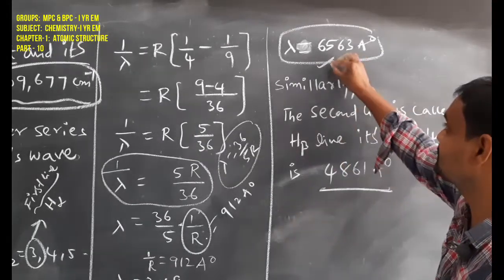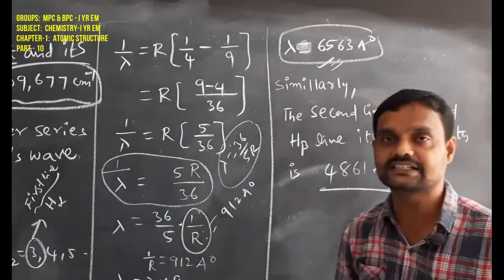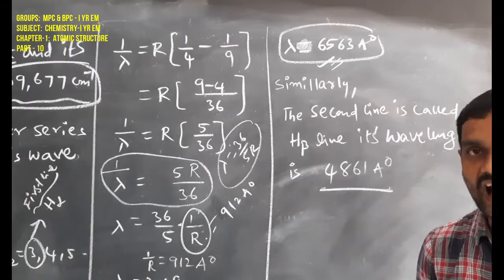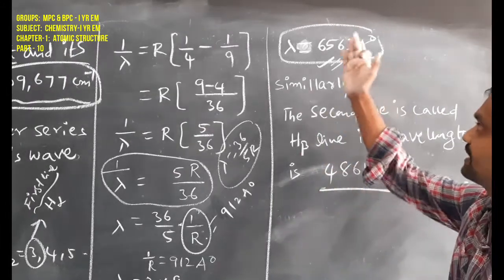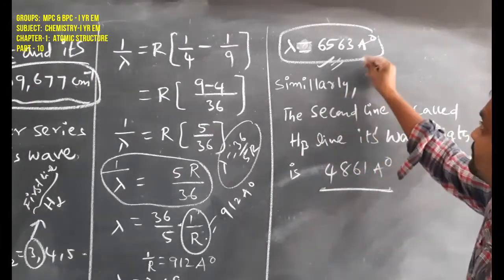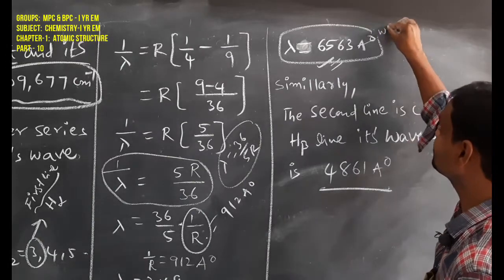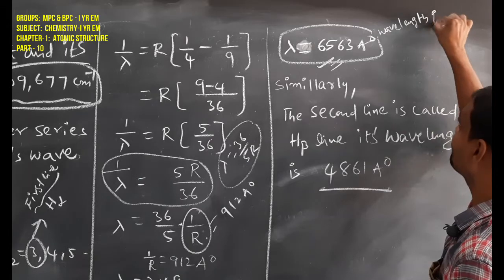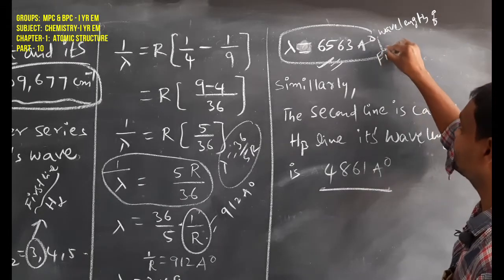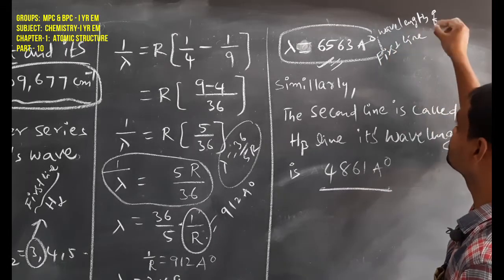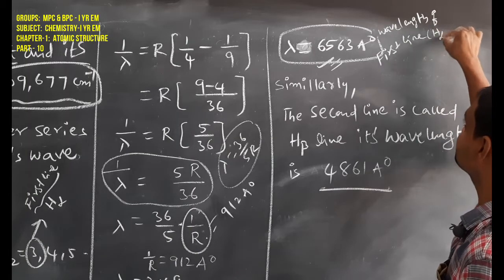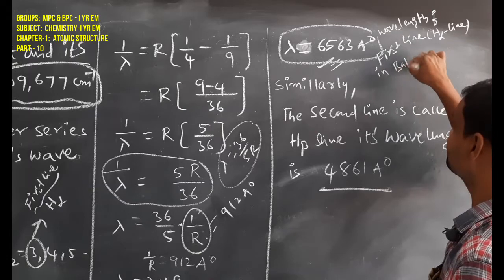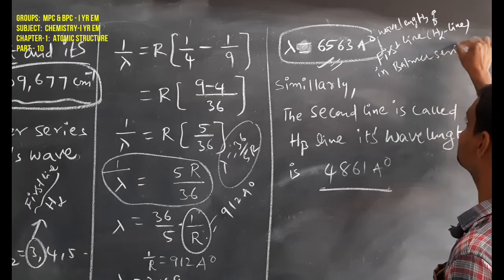So the wavelength is 6563 angstroms. What is this value? This is the wavelength of the first line, that is the H alpha line, in the Balmer series.